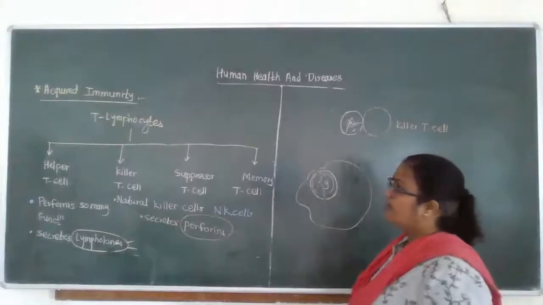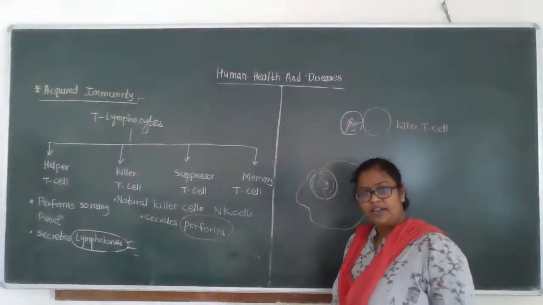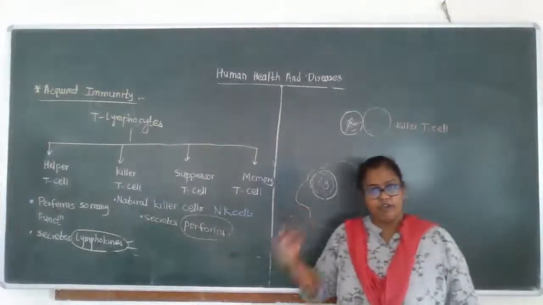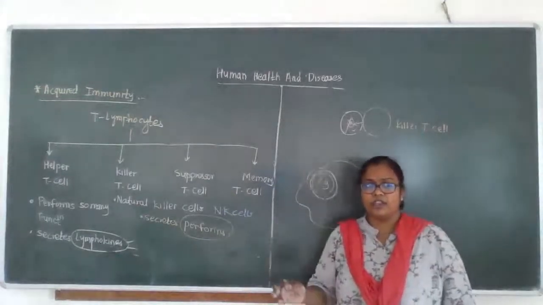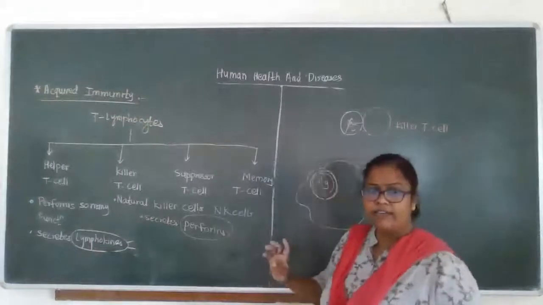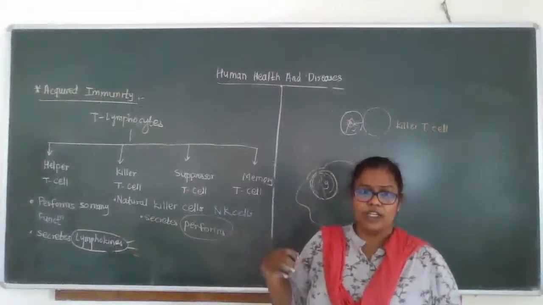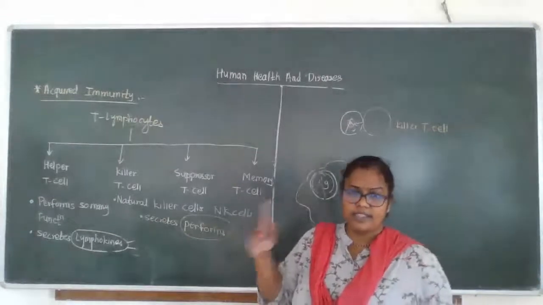So this is all related with the T lymphocyte. Once again, just revise the T lymphocyte. The T lymphocytes, which are formed in the bone marrow, get matured in the thymus, so they are named T lymphocytes. When an antigen invades the body, the T lymphocytes get sensitized.